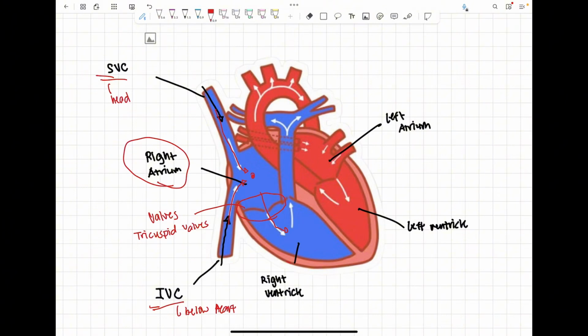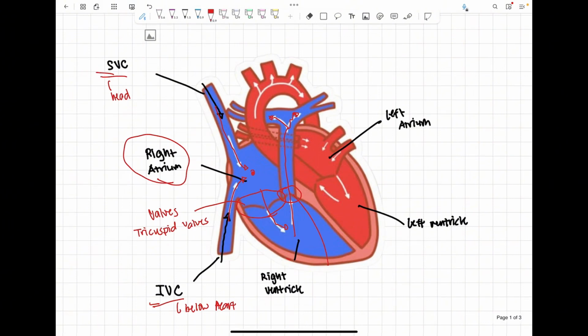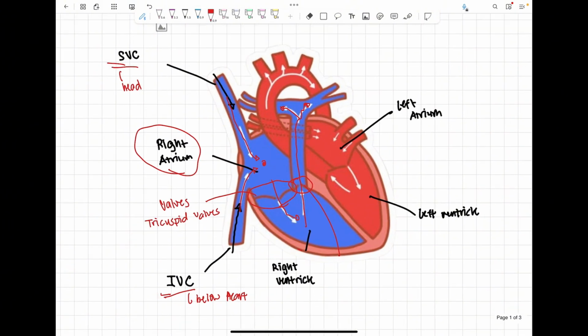Then after the right ventricle, it pushes the blood to your pulmonary circulation. And there's also another valve right over here, which is your pulmonary valve. That's your valve right over there. It goes to your lungs.